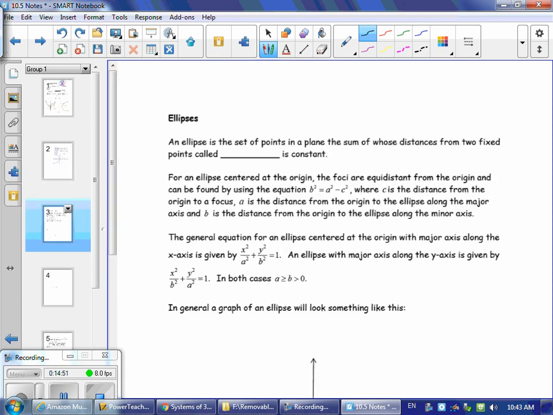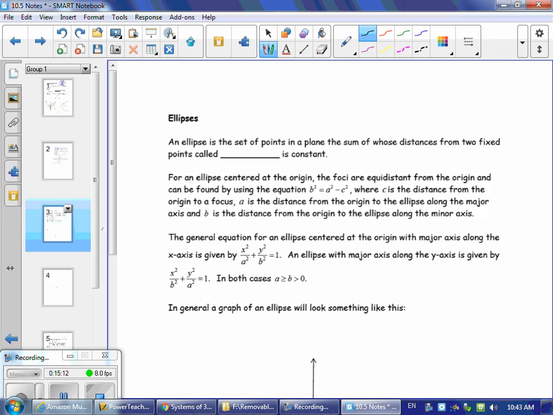We're going to move on to an ellipse. And most people know the ellipse just as being a stretched circle, and that's really technically what it is. More to the point, a circle is an ellipse where it's not stretched and every single point is equal distance from the center.